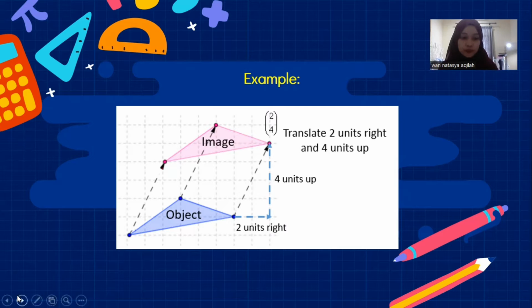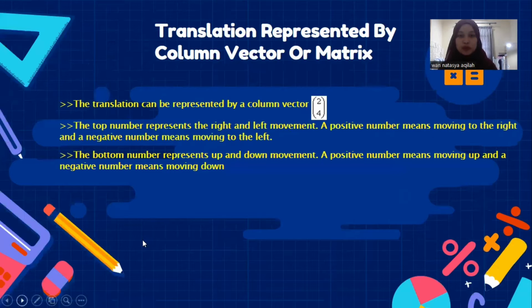So we move to translations represented by a column vector or matrix. This is what we talked about before, a column vector. The top number represents the right and left movement. A positive number means moving to the right and a negative number means moving to the left.